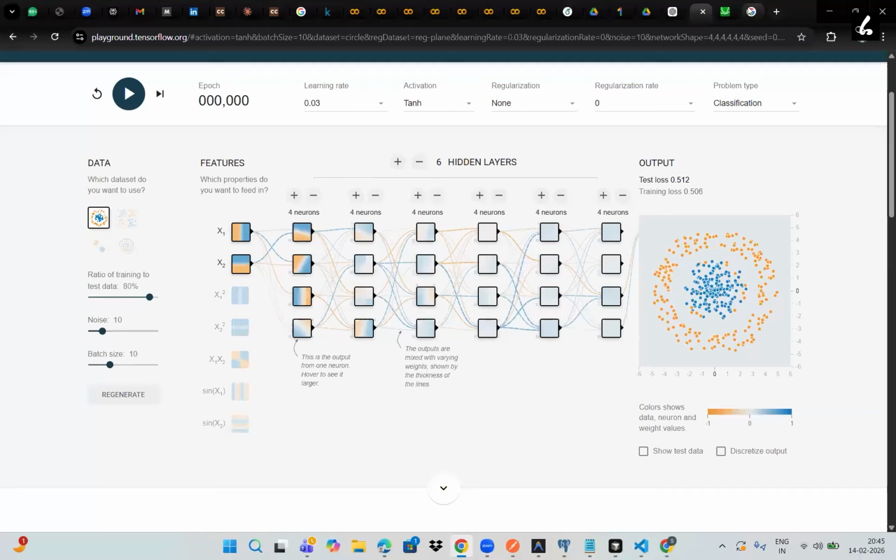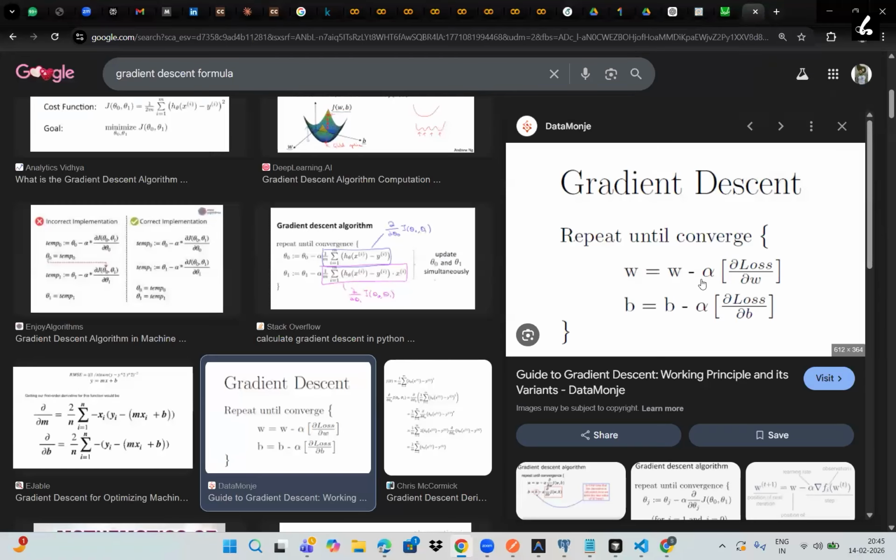Similarly it becomes a chain, and we need to calculate for each one. And if this becomes a very, very big positive value, and this also gets added up, positive, minus and minus, it creates an exploding gradient problem.